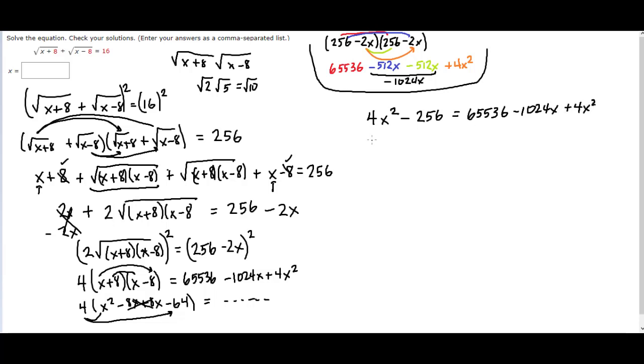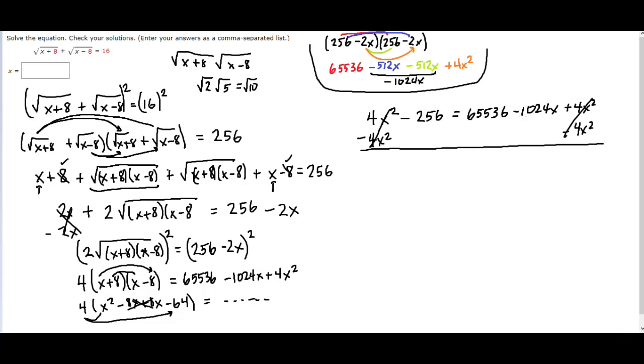So now a simplification here where I take minus 4x squared, and actually, lo and behold, you see what happens when I do that. That and that, they both cancel. So now I've actually turned something that looked like it was going to be quadratic into a linear equation.